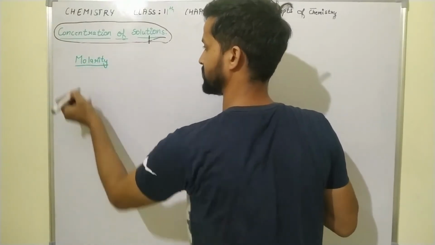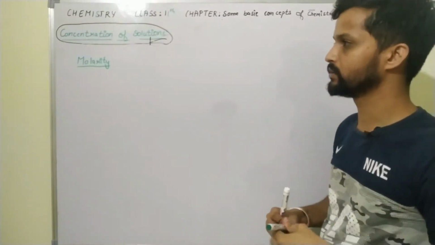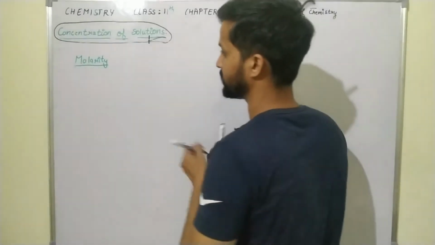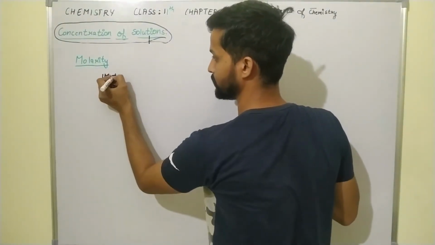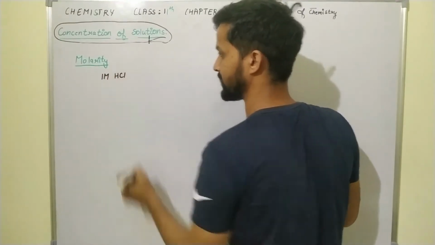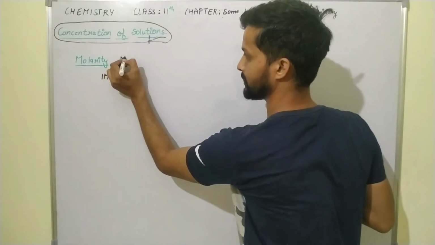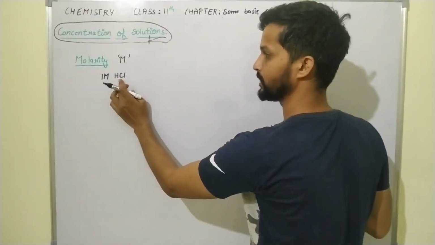So students, instead of learning the formula, first of all, you have to understand what is the meaning of molarity. Suppose in most of the numericals you can check, they will give you 1 molar HCl. Molarity is denoted by capital M. So what is the meaning of 1 molar HCl?